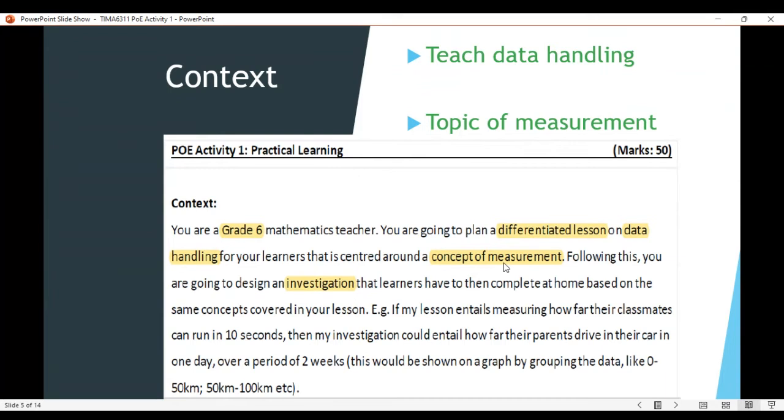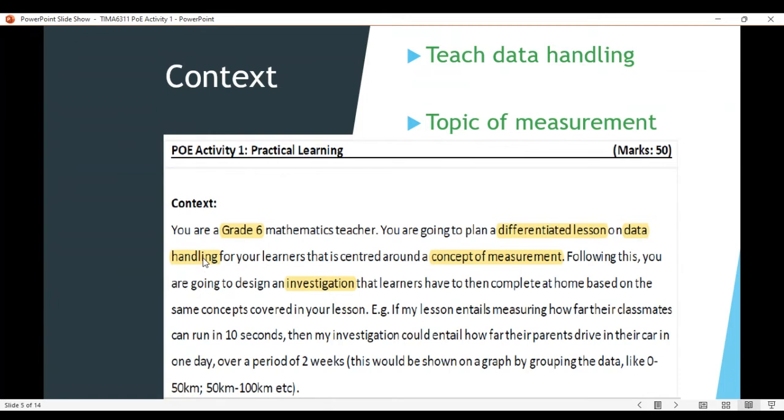For instance, if my lesson entails measuring how far their classmates can run in 10 seconds, and I want to stop there. Can you see how far is length and 10 seconds is time? So I'm combining those two concepts to gather data for my lesson, which is about data handling.